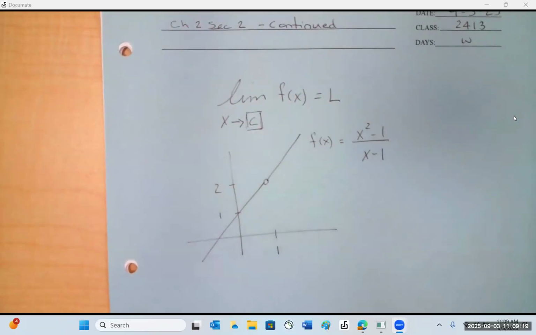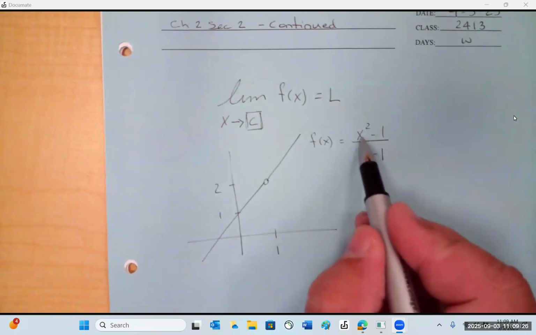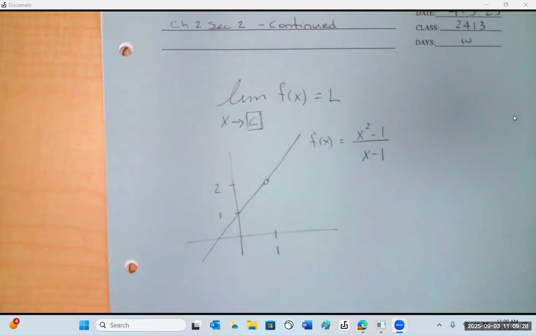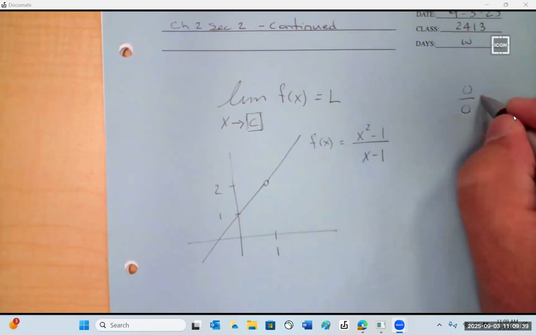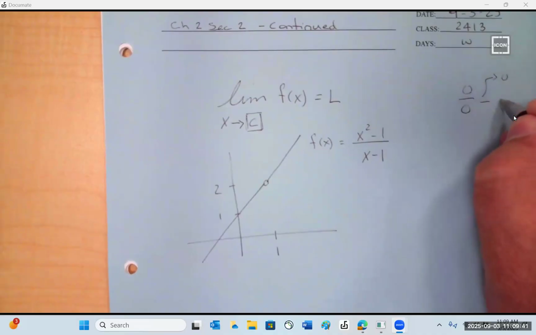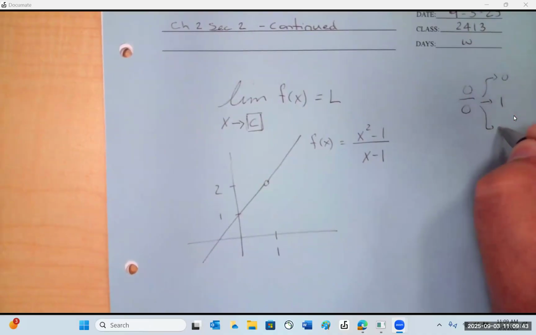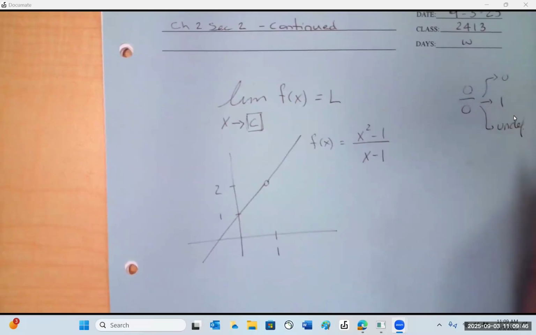What happens at 1? If we plug in 1 to our function, what happens? We get 0 over 0. And we talk about it's either undefined, it's either 1 or it's 0, because it follows all of those. 0 over 0 could be 0, it could be 1, or it could be undefined, because it goes through all three of those rules.